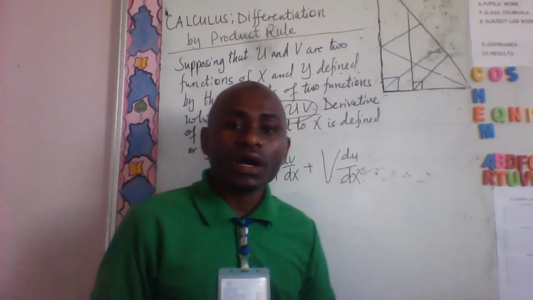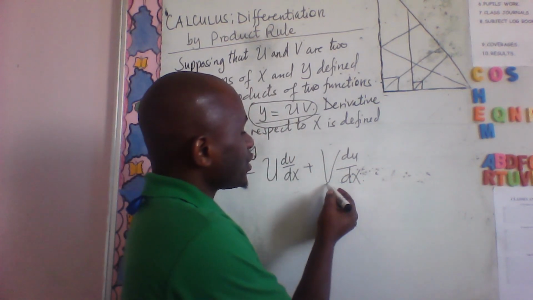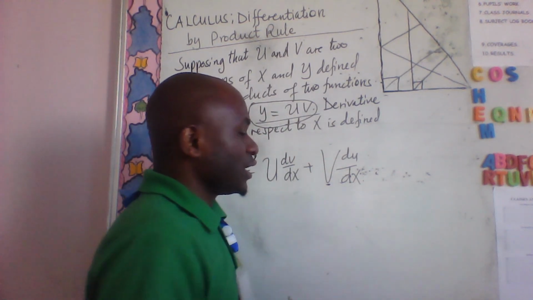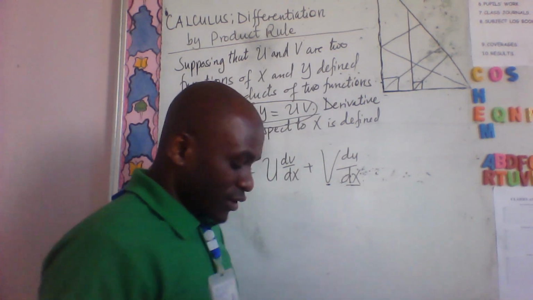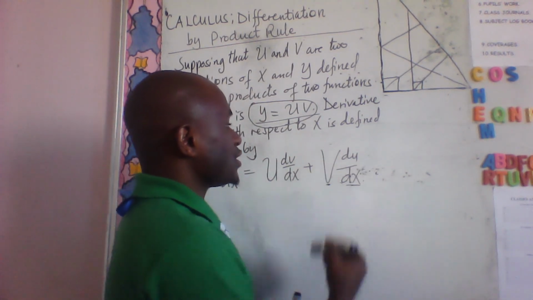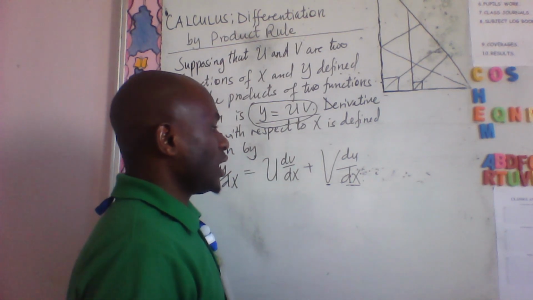Here you are supposed to multiply the function v times the result after differentiating u, which is du over dx.